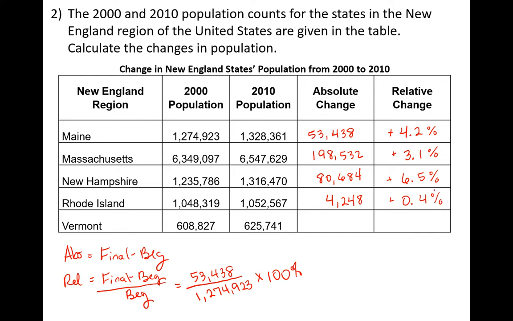And then Vermont, which is the littlest one, let's see, 625,741 minus 608,827.